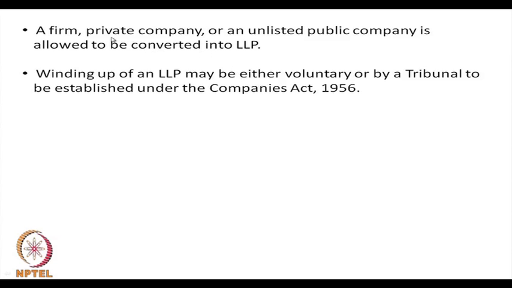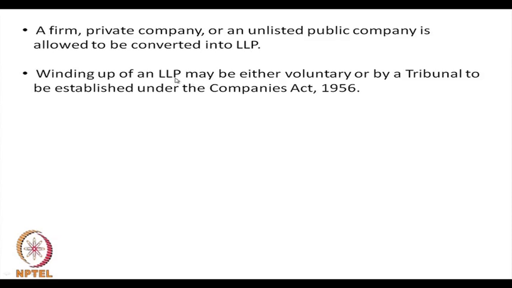Now, an existing firm or a private company or an unlisted public company is also allowed to be converted into an LLP. This is an advantage given, that any partnership firm or a private company or even a public company which is not listed is allowed to be converted into a limited liability partnership type of business.